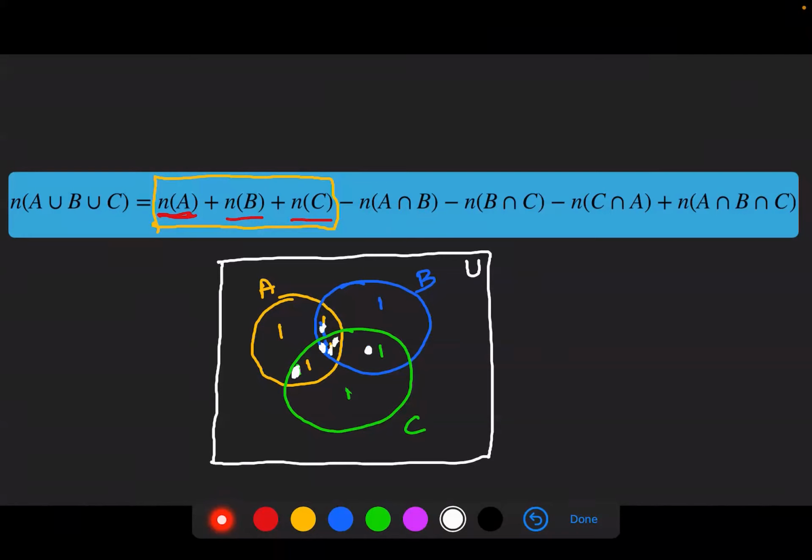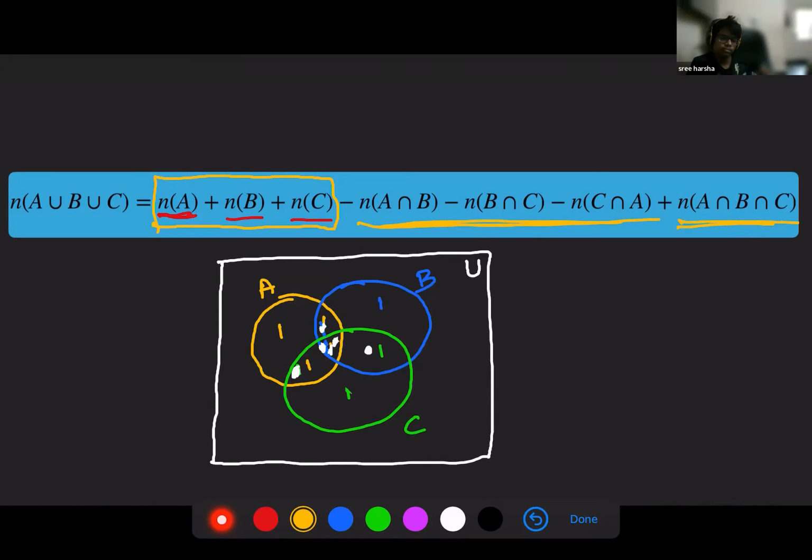But when you do these three, you come to the middle part, which represents A intersection B intersection C. So you add that again. Are you getting it? Yes, sir. So this is when you have three sets. This is how you count the number of elements in the union of three sets.